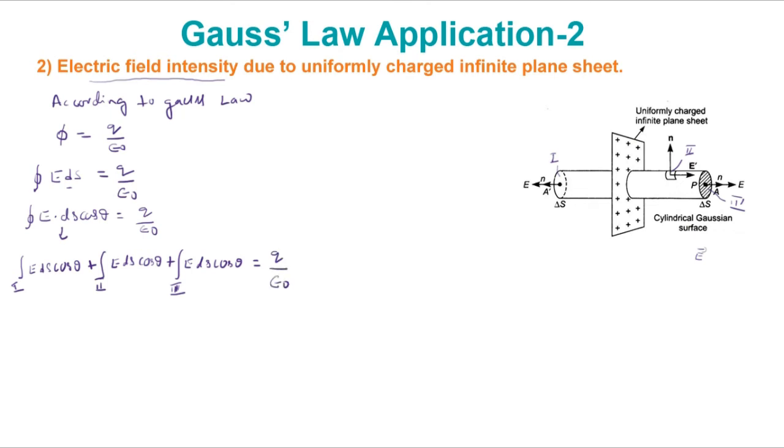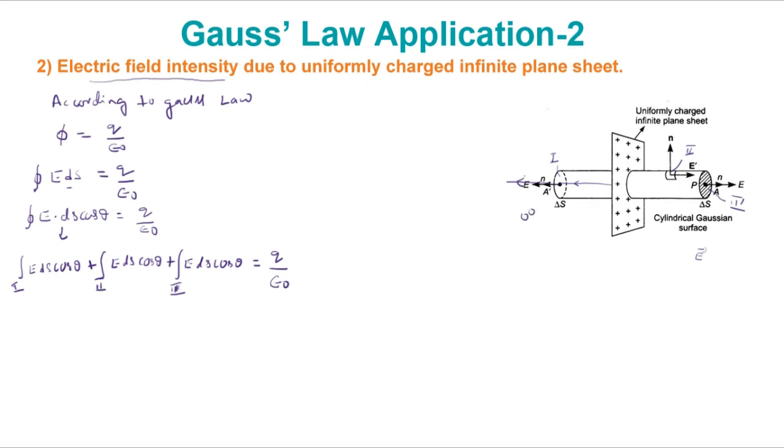Then you decide the angle. For example, in the first area, the plate is uniformly charged, so the electric field direction will be like this. The electric field direction is like that, and this area direction is also like that.